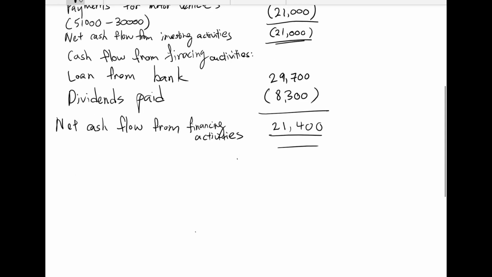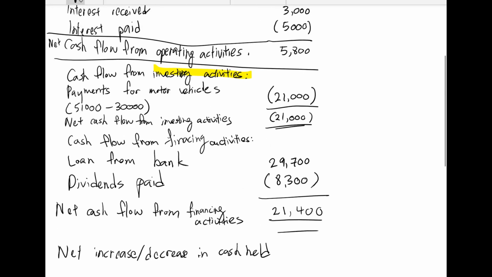Okay, so the next thing that you are going to do is you need to find out how much is your net increase or decrease in cash held. Okay, so how to find the net increase or decrease is very simple.